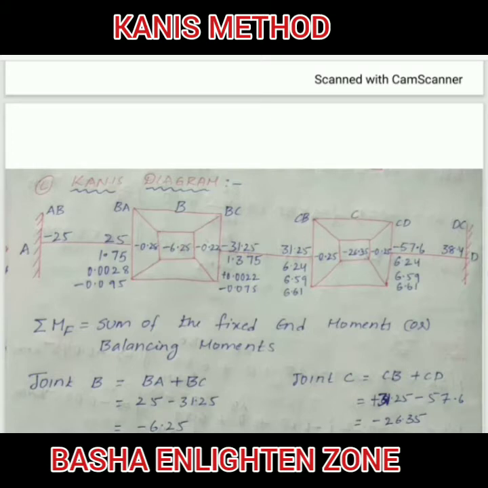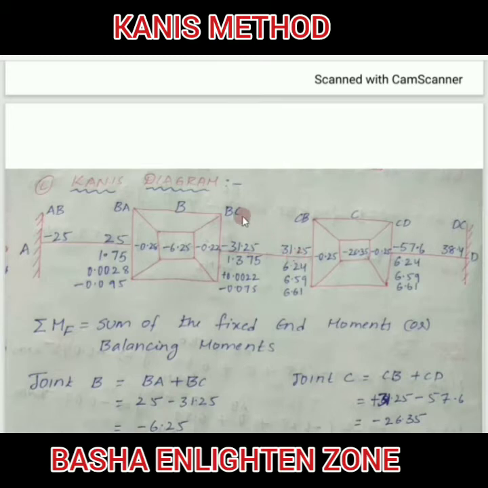So again I am repeating, for joint B, A and C are the forends. For joint C, B and D are the forends. So please friends, remember this point. For example, if I am calculating BA, what is the forend here? AB and CB are the forends.